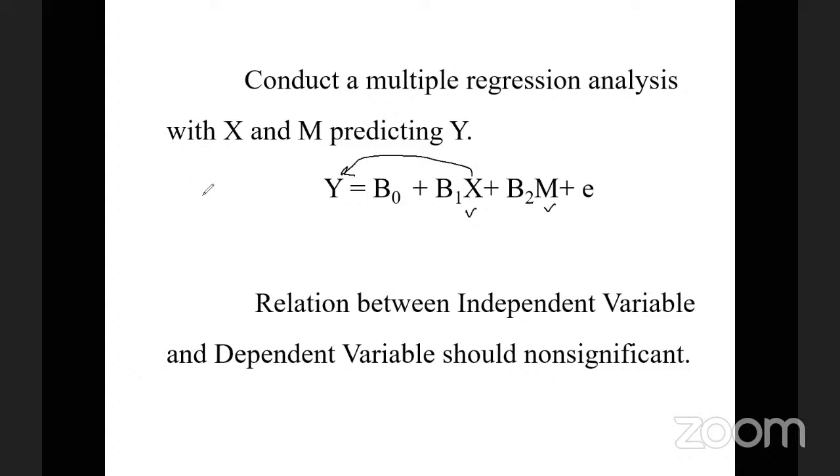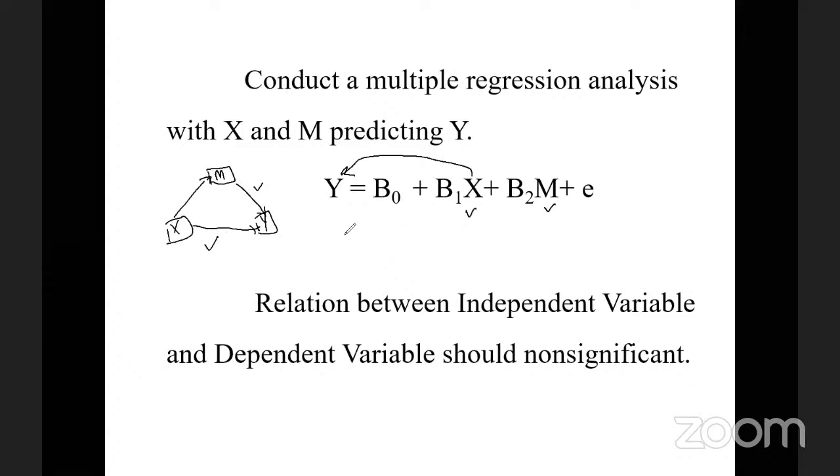This is our mediator variable and this is the independent variable x. When we take them simultaneously for both equations, now this equation means this one, b1, and this.